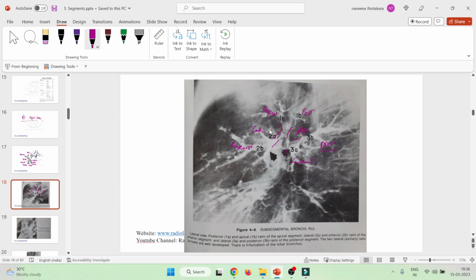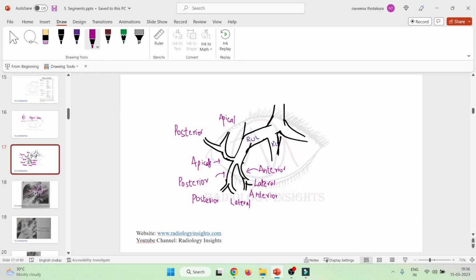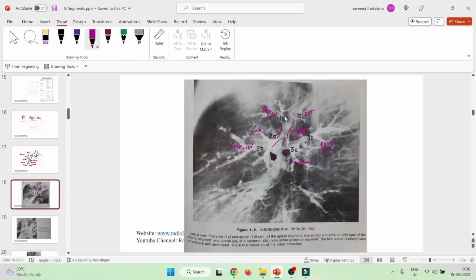So here you can see there is trifurcation of the lobar bronchus. That means one lobar bronchus, the right upper lobe bronchus, is divided into three parts: the apical segmental bronchus, posterior segmental bronchus and anterior segmental bronchus. Each of them is again divided into different parts.